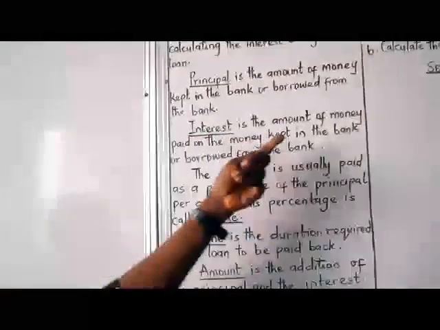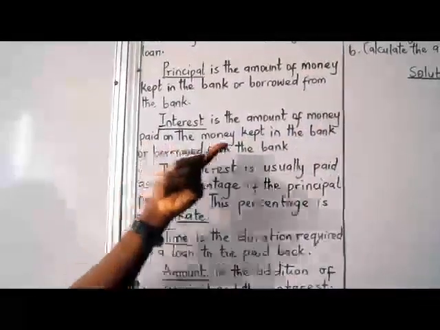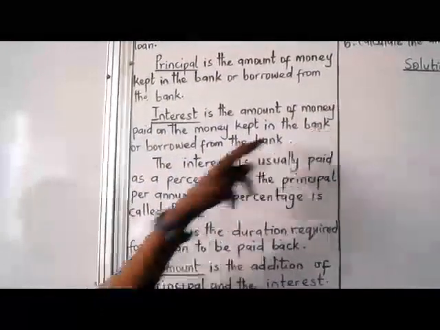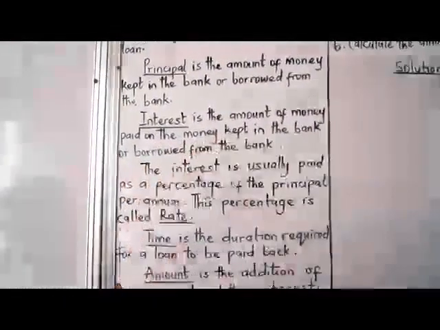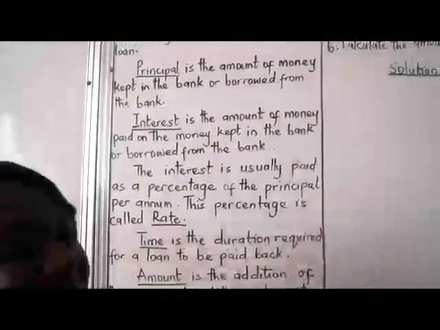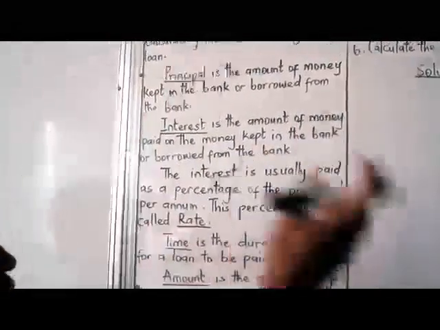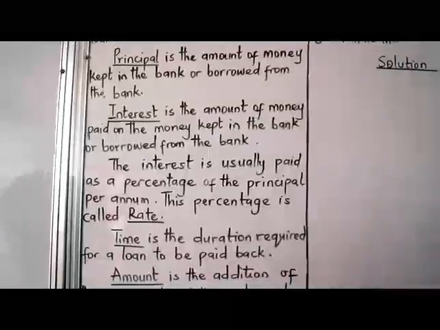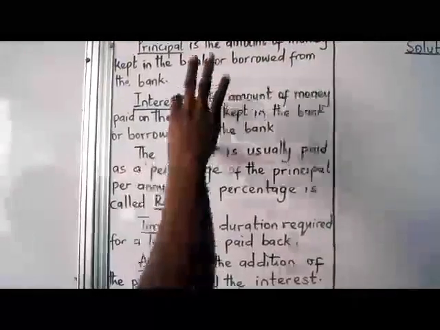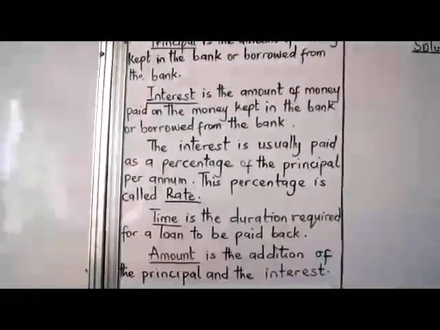Now let's go to our definition. Interest is the amount of money paid on the money kept in the bank or borrowed from the bank. The additional amount of money you pay when you collect money from the bank, or when you keep your money in the bank, is called the interest.